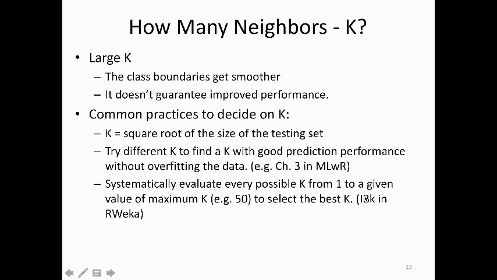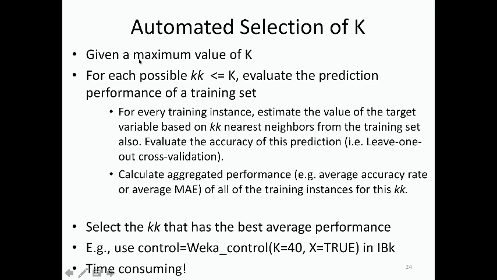And some methods provide this option. For example, the KNN implementation in R called IBk, for instance-based learning, with K standing for the K that you can choose, allows this option. I'll just briefly talk about this.